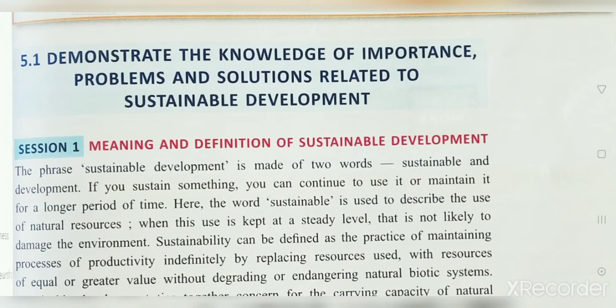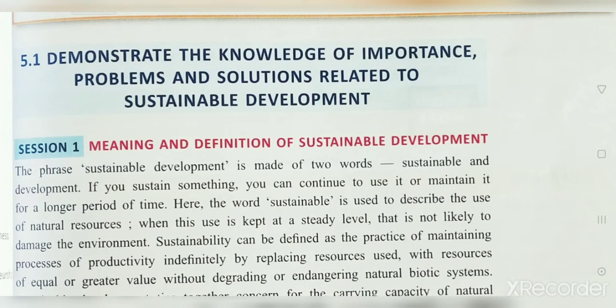So sustainable development ties together concern for the carrying capacity of natural systems with the social, political and economic challenges faced by humanity, right? Nowadays you all observe how much the environment has been imbalanced by the many processes done by mankind.